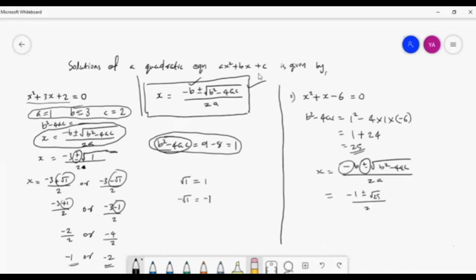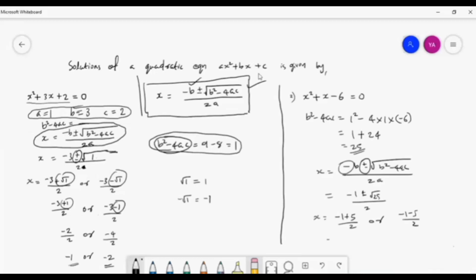In the next step you can split this plus or minus. So how will it come? x is equal to minus 1 plus 5 by 2, or minus 1 minus 5 by 2.